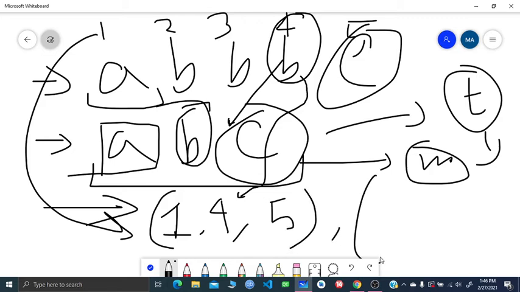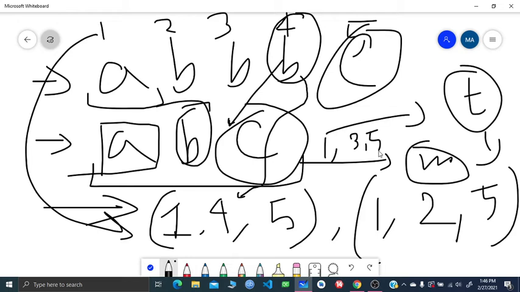Now I can create another beautiful string. How? Like this. One could be 1, 2, and 5. Yes, I can also take that. I can take another beautiful string. How? It could be 1, 3, and 5. Right?